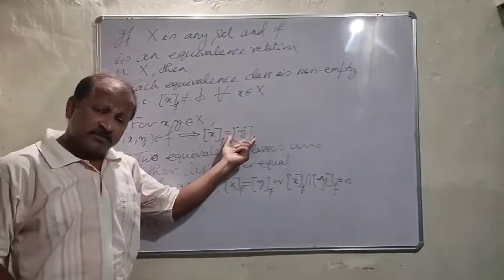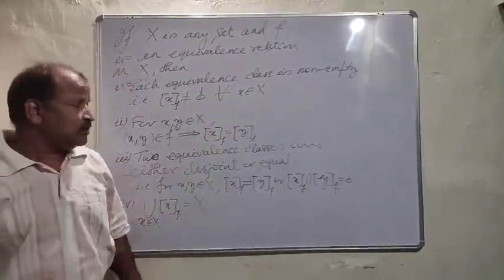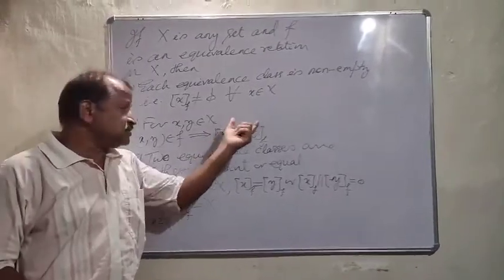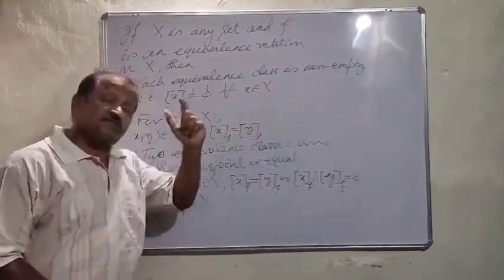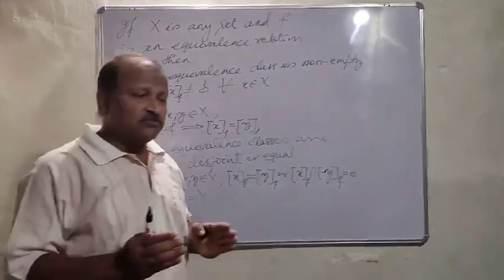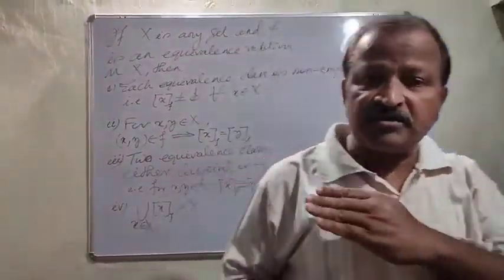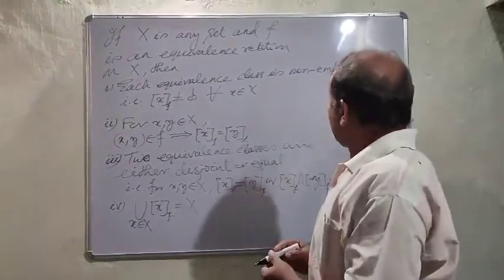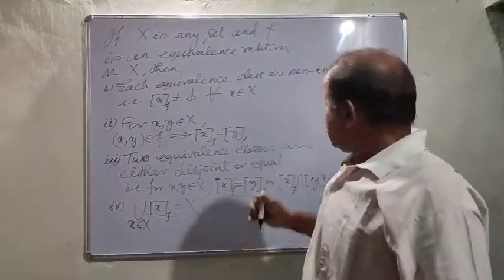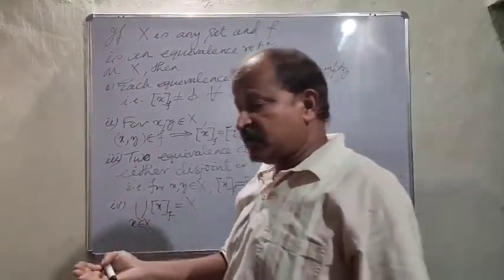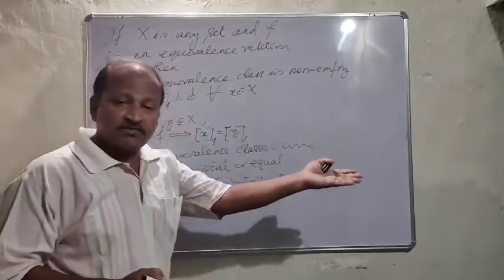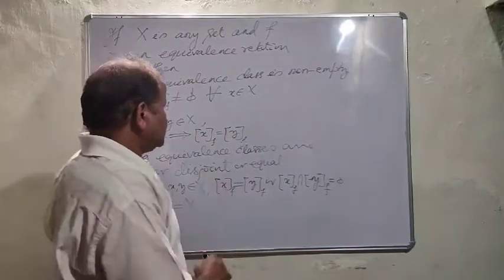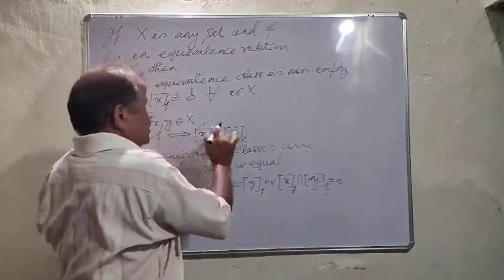This is another set. When will two sets be equal? If this one is a subset of this and this one is also a subset of this. Two sets will be equal if they are subsets of each other. So how do we prove that one set is a subset of another? That means x belongs to one set implies x belongs to the other.